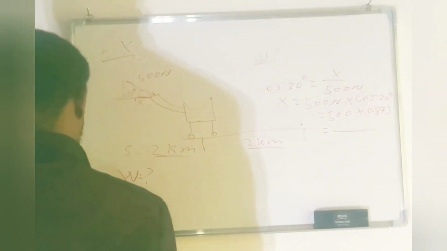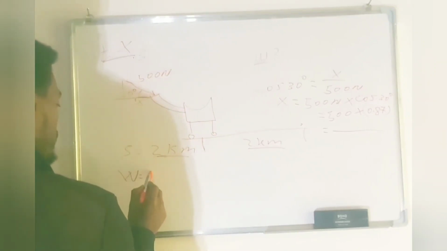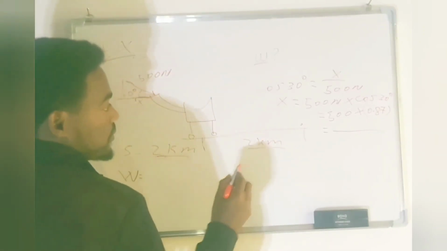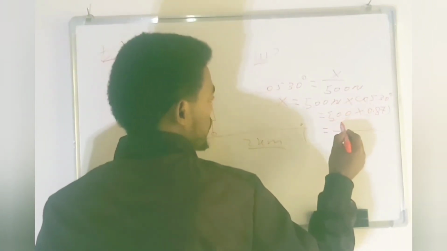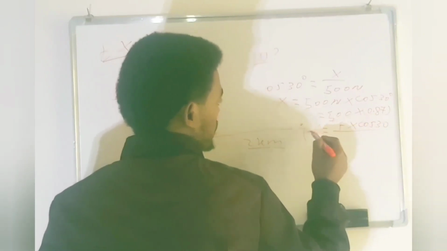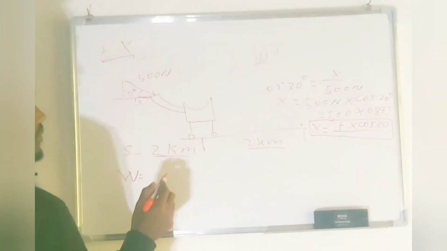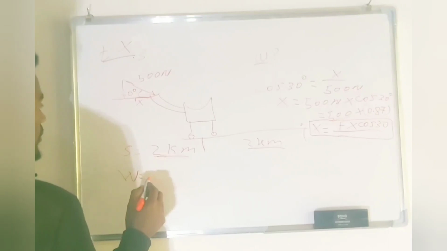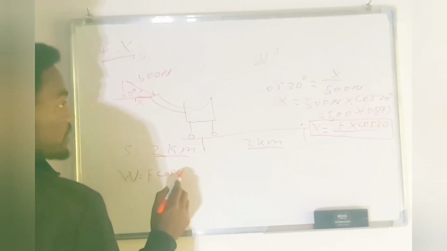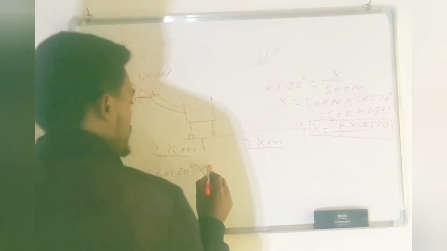So we can find the work done here. Work done is simply force times distance, so the force component is F cos of 30 degrees, instead of x, times 2 kilometers.